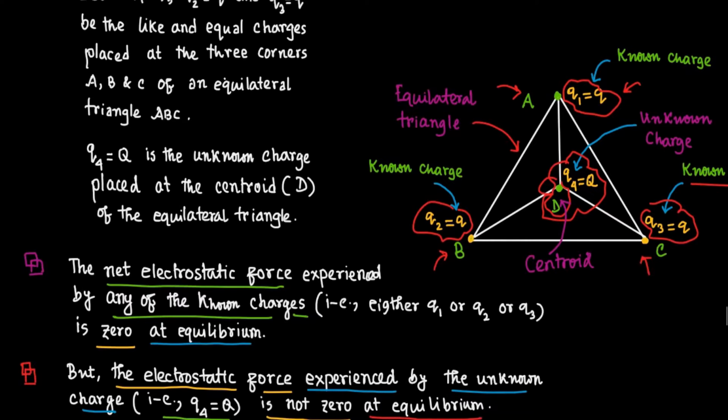That is, the electrostatic force F1 experienced by the known charge Q1 equal Q is zero. That means at equilibrium F1 equal 0.